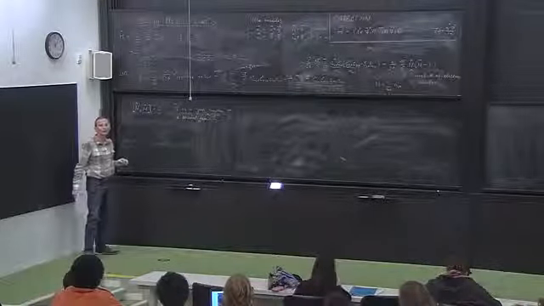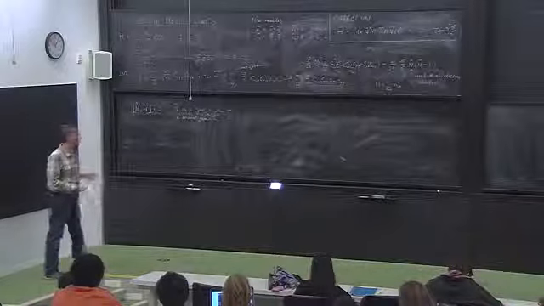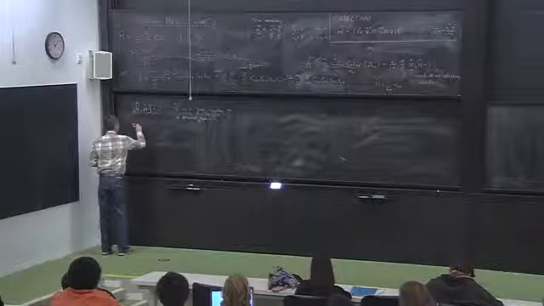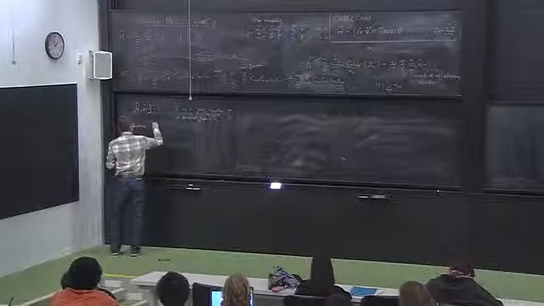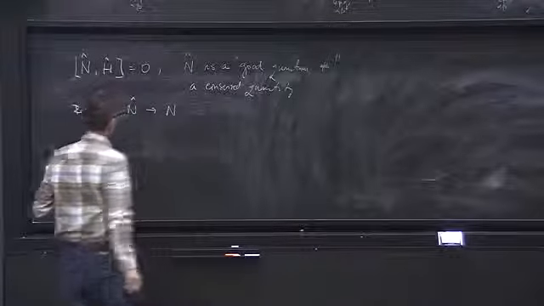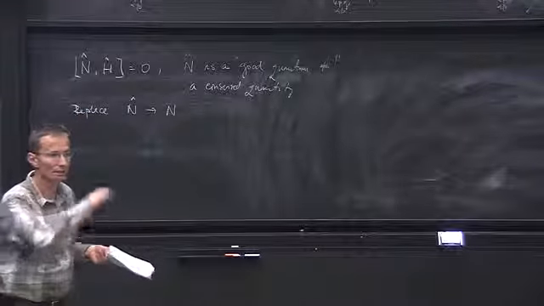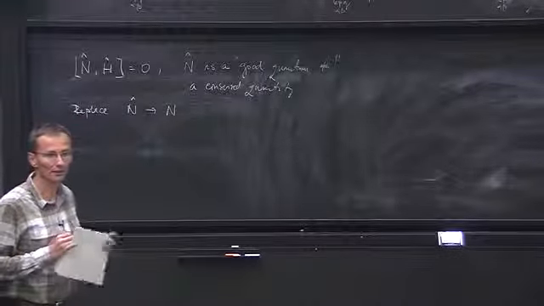The number of electrons is a conserved quantity in the system, and therefore I can replace N with its eigenvalue, which is just the number of electrons in the system. Is that clear, or are there any questions?